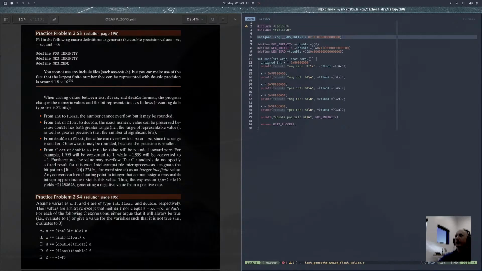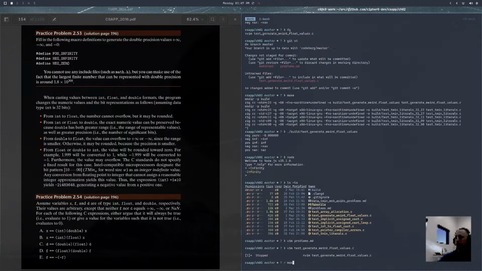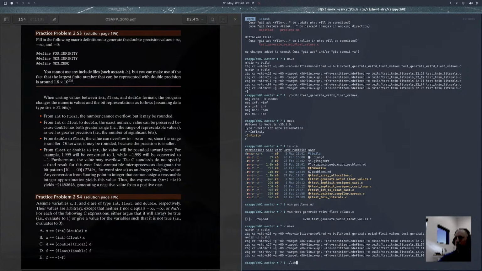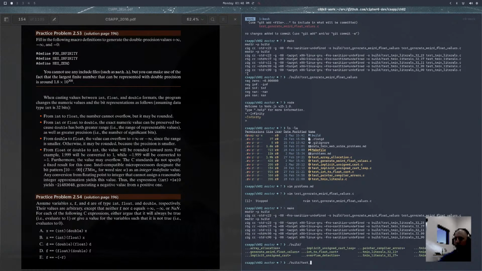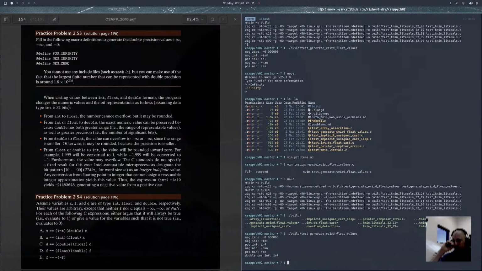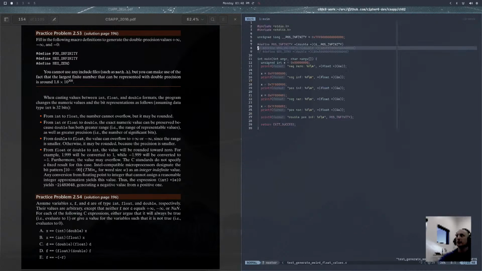And then we could take a reference to positive infinity like that. Sorry, I need to have an equal sign here. Comment those out for now, and then make, and then we'll build it. Test. Generate weird stuff. Okay, so that did create the positive infinity that we expected. The problem with this is that we're also wasting a tiny bit of memory in a global area here.